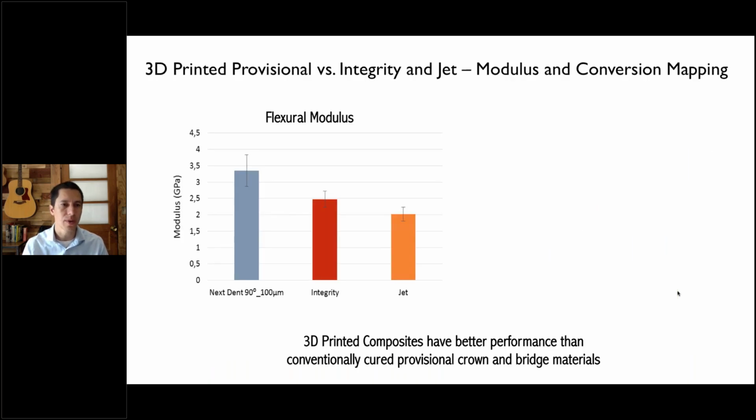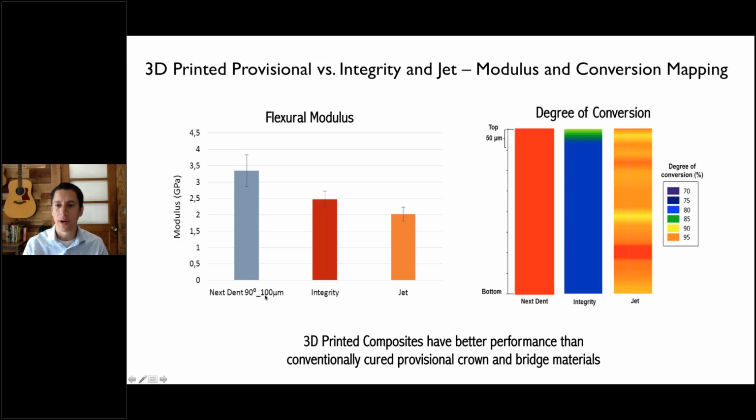Now, the next question that we asked was, if we're printing these provisional materials and comparing with what is currently used in the clinic, is there a benefit to printing in comparison to what we know and have used for many years, or is it at least comparable? And it turns out that in terms of flexural modulus, we actually have pretty comparable data, slightly higher for the printed composites, if they are printed with these pre-optimized conditions of 90 degrees, 100 micrometers per layer.